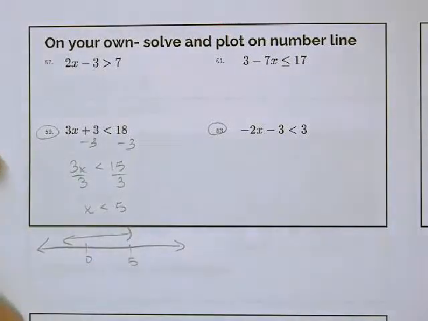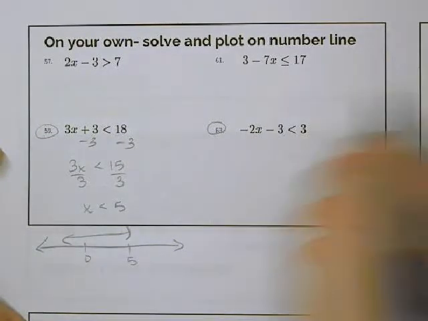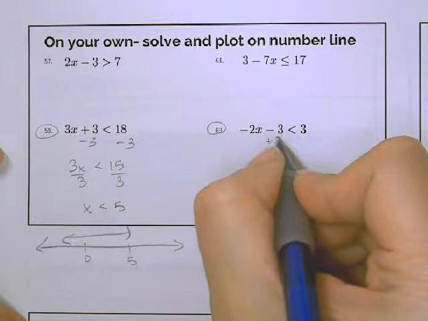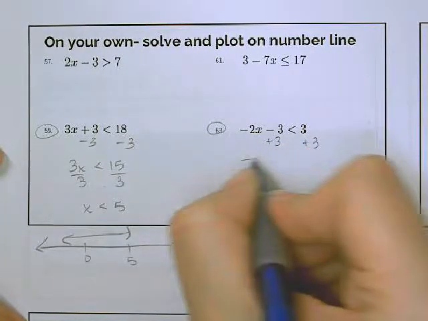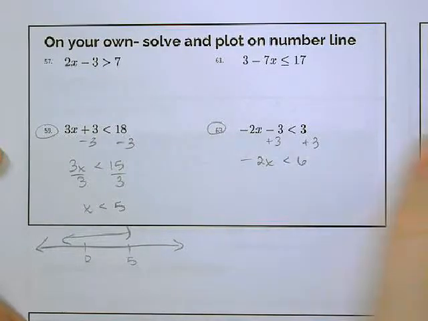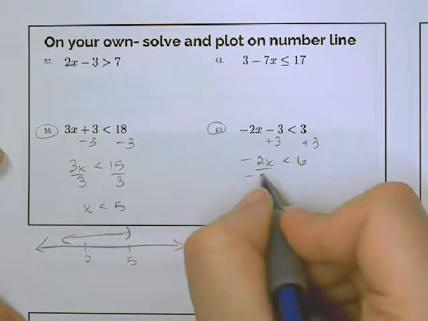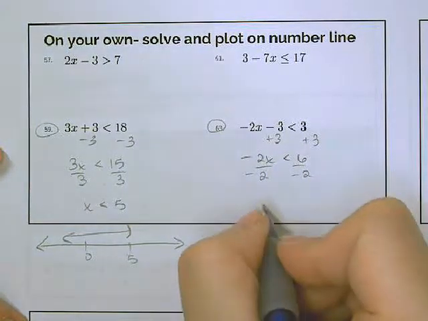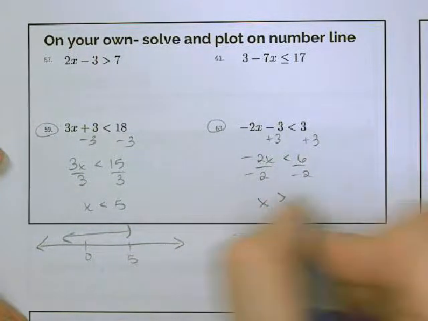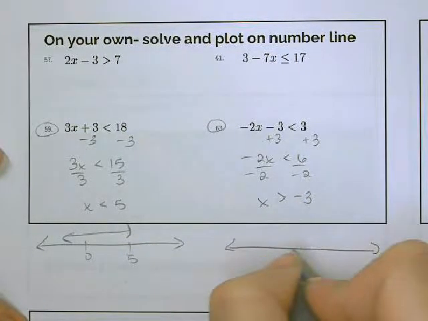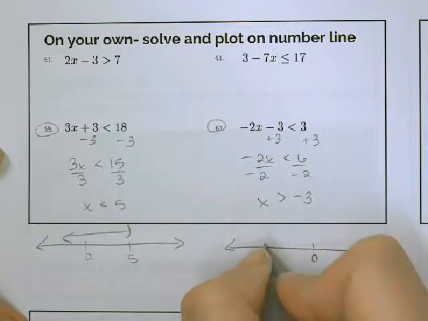On 63, I add 3 to both sides, so negative 2x is less than 6. Divide by negative 2. Remember, when you divide by a negative, you have to switch the sign, so I have x is greater than negative 3. So I have 0, I have negative 3, x is greater than negative 3.